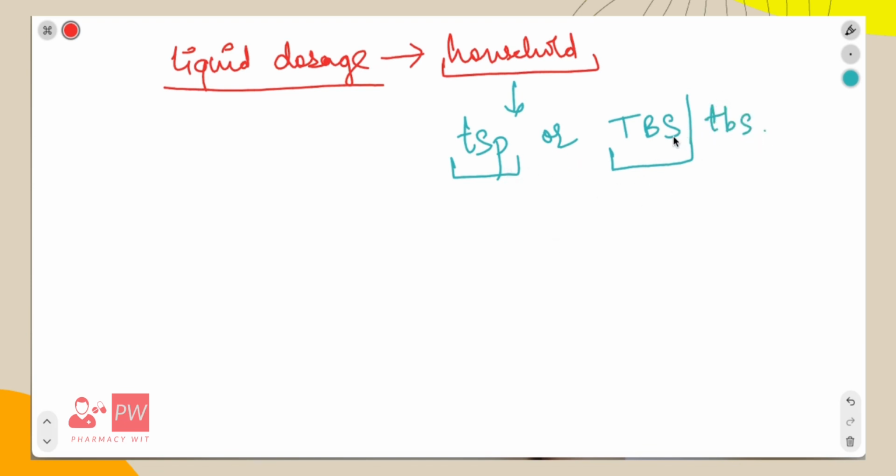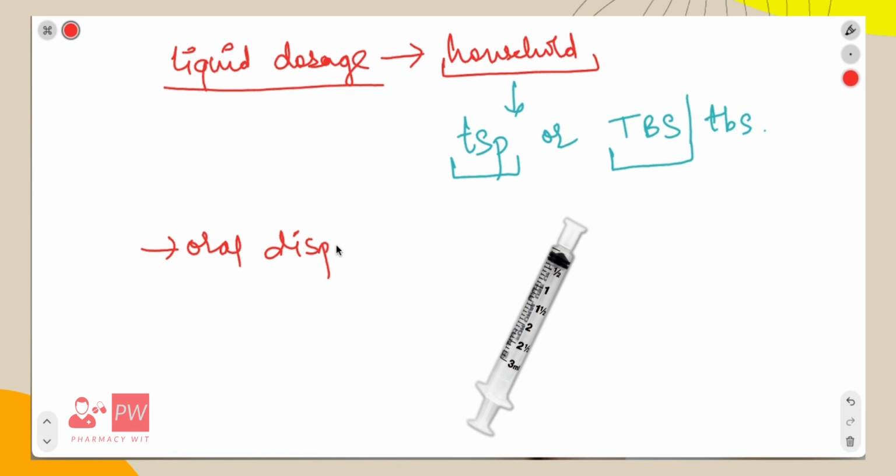Oral dispensers are also used in administering a calibrated quantity of liquid medication to children. You can see the picture of an oral dispenser used to administer medication to children.